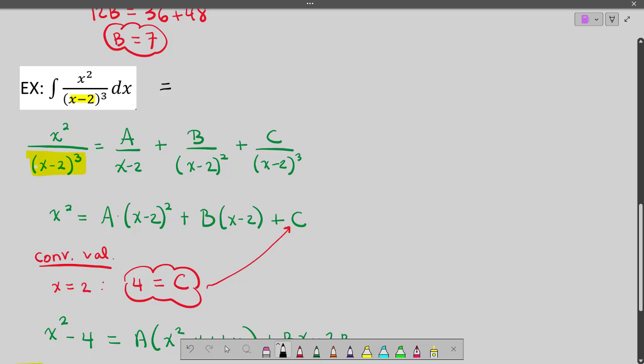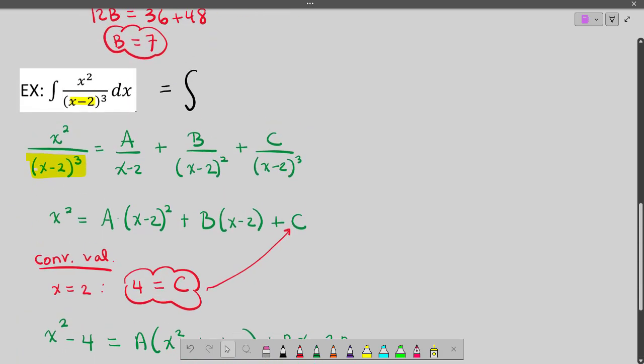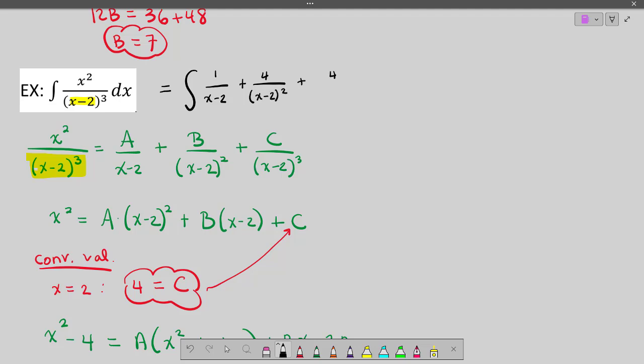So this will be equal to the integral. Which one was 1? A is 1. So 1, 4, so we have that.